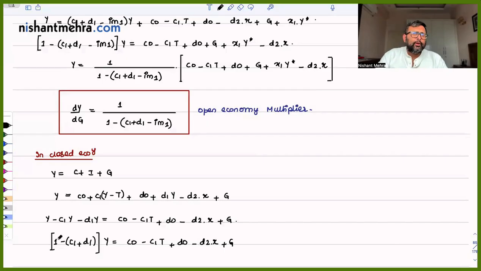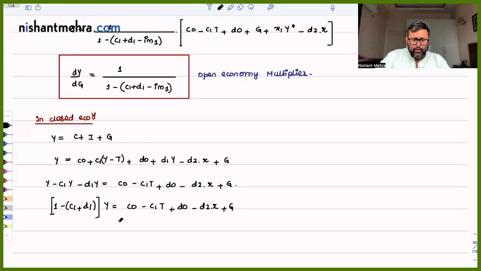So this is the simple Keynesian model multiplier in the closed economy and in the open economy.